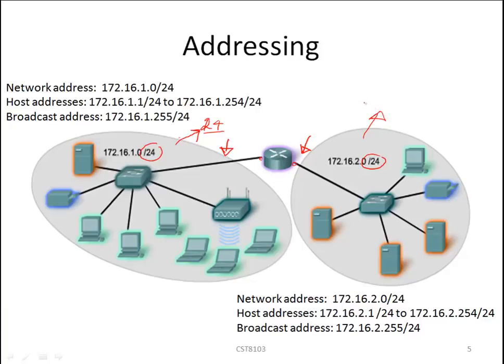And if you recall what we learned last week, a slash 24 indicates that the first three octets represent the network portion of the address. So in this case, 172.16.2 is the portion that is common. That is our area code if you want. And in this network, the network ID is 172.16.1, and that portion will not change across devices of that segment.